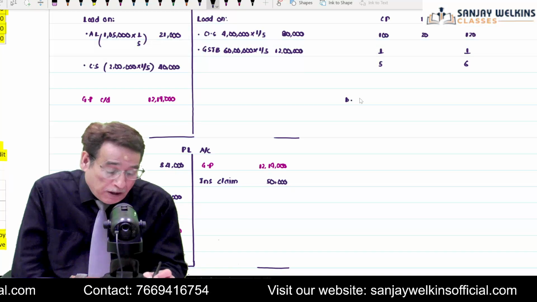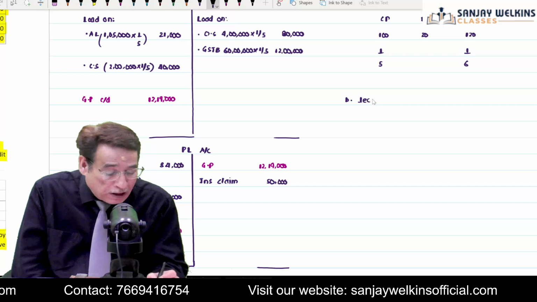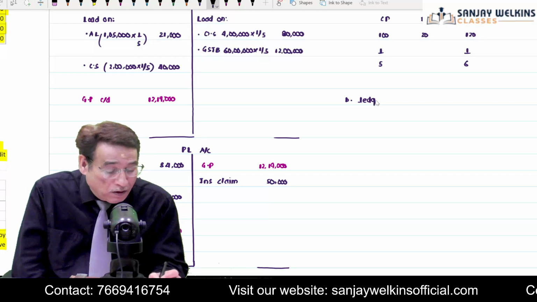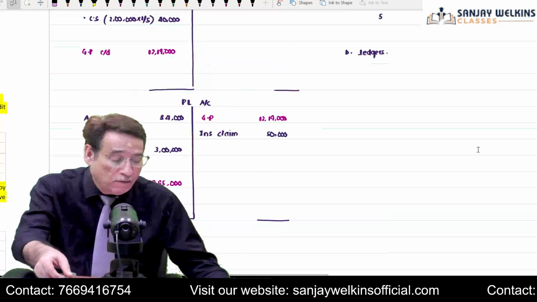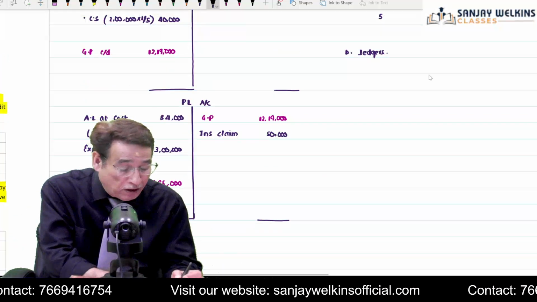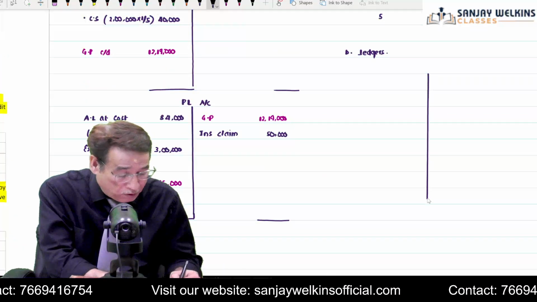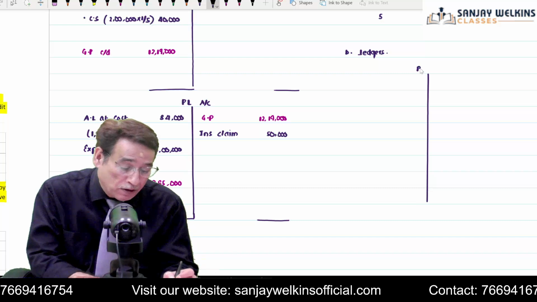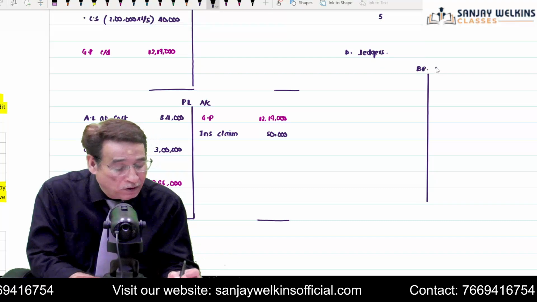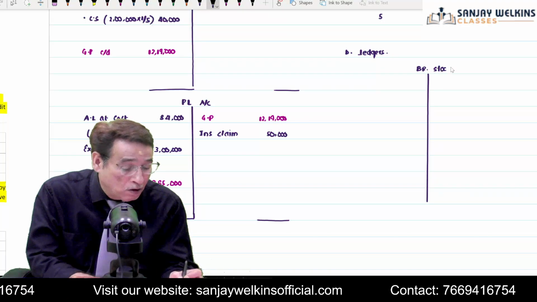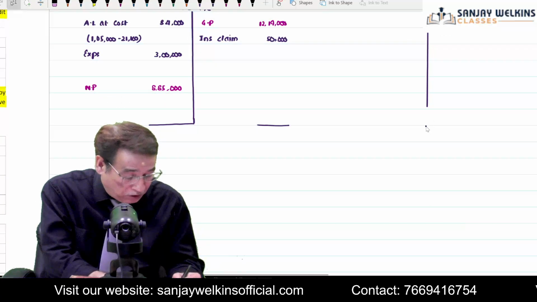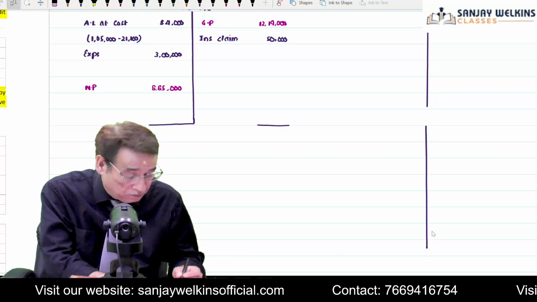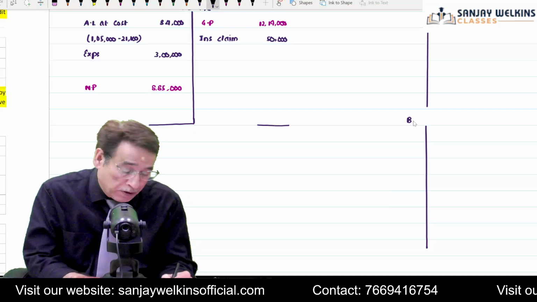Now under part B, we will prepare the ledgers. Appropriate ledgers means necessary ledgers. And as we know, under branch stock and debtors system, there are 4 main accounts actually. One is branch stock account. So we shall be preparing branch stock account. After that, branch adjustment account.